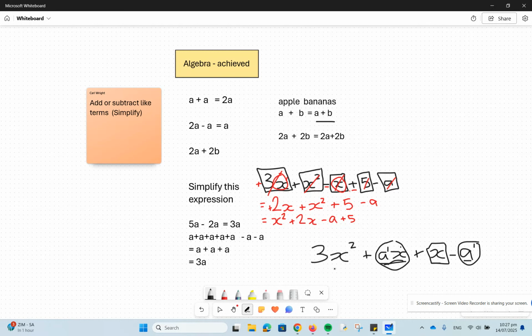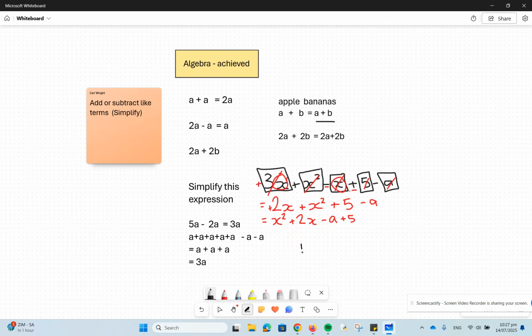So if I wrote 3x instead of 3x squared, we still couldn't do anything with that a and that x, because this is just x by itself, and this is an a with an x. Okay, so anyway, there's a few little complicated bits you've got to work through, but if you are careful and methodical, as long as it's got the same power and the letters are the same.